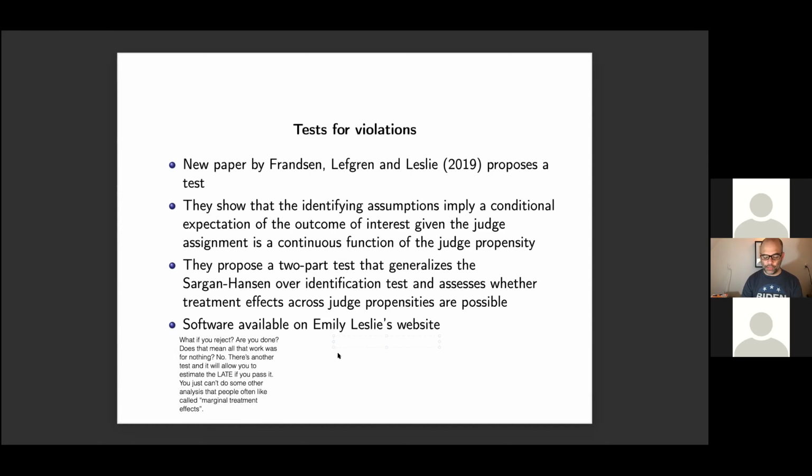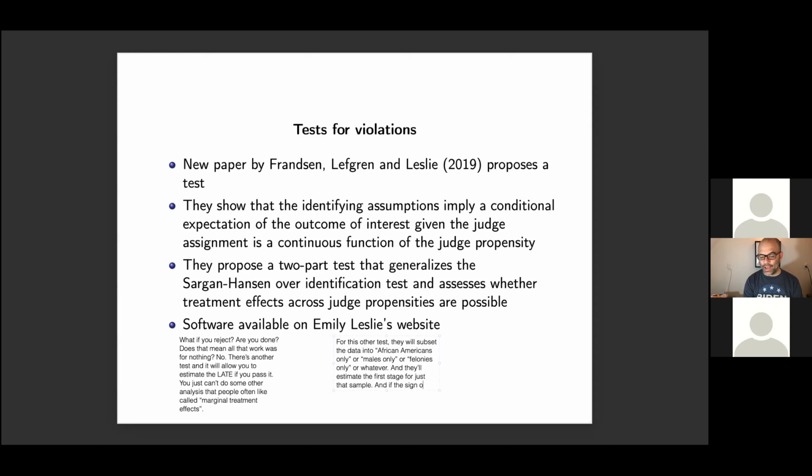What people will typically do for this other test is they'll subset the data into African American only, or males only, or felonies only, or whatever. And they'll estimate the first stage for just that sample.